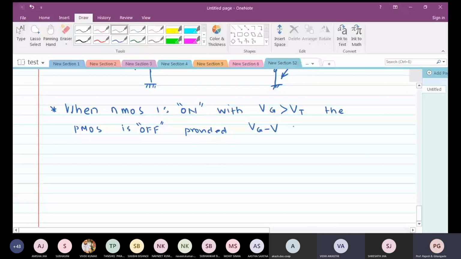Now, when we talk about this CMOS, we no longer use Vt, but we use VTN for NMOS and VTP for PMOS. Please remember this. This is VTN and this is VTP.